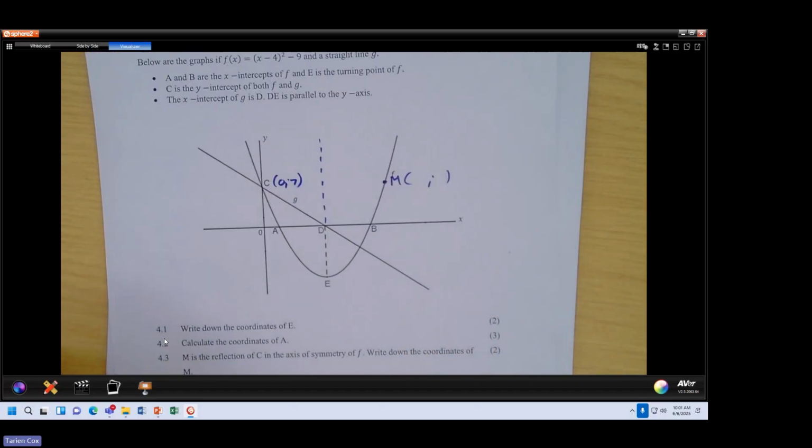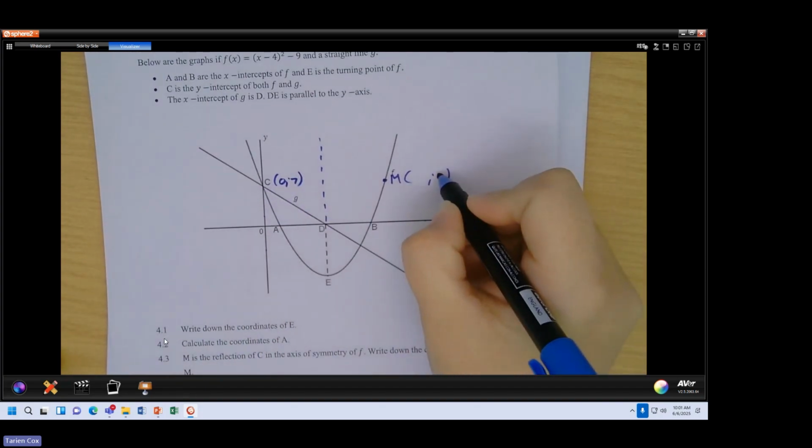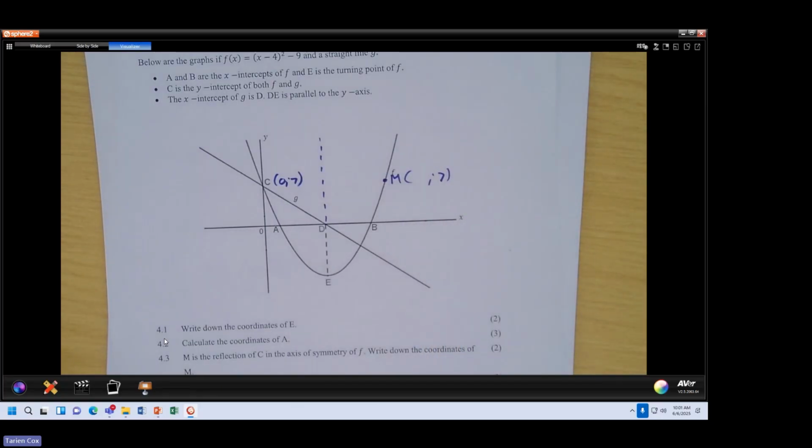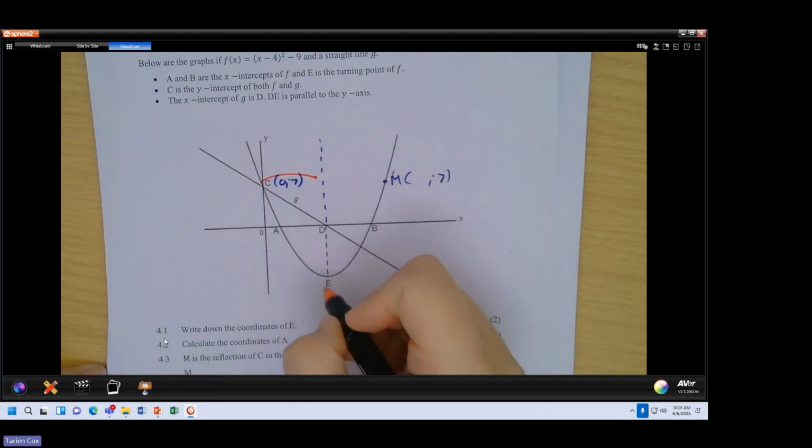And if this is a reflection in the axis of symmetry, then if this is 7, then the y value here must also be 7. The only thing is it's just the reflection, so that means 4 units, because remember this was at 4 and negative 9.